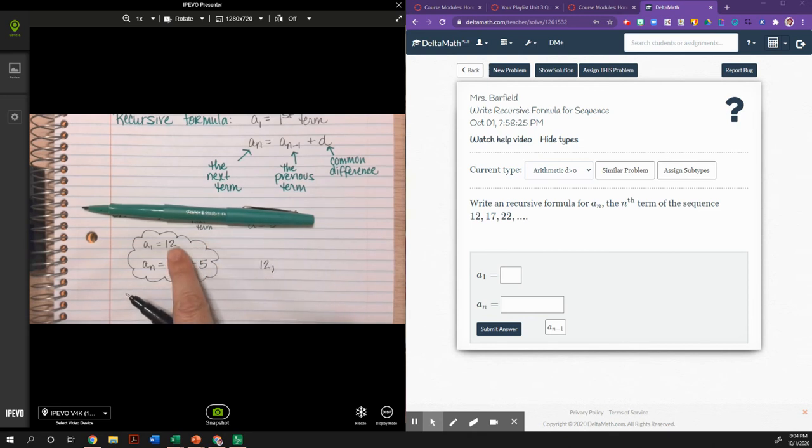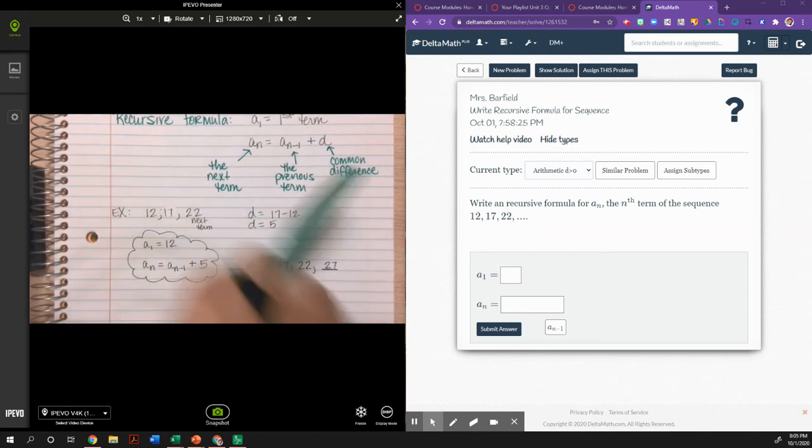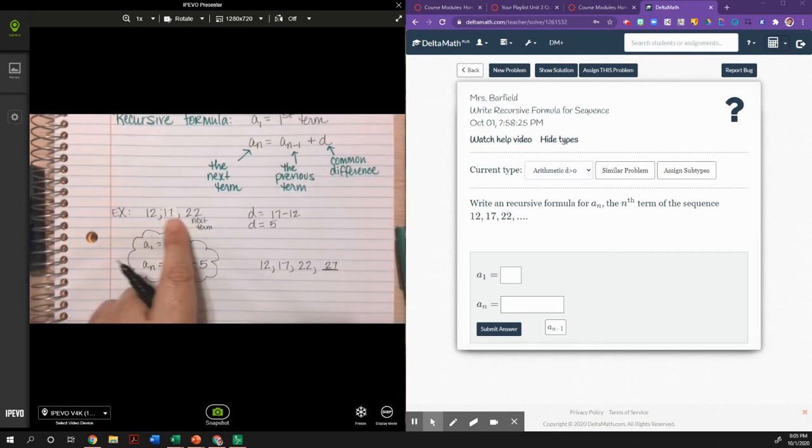If I want the next term, I put 12 here, and 12 plus 5 is 17. Then I take 17, put it right here, and 17 plus 5 is 22. Now 22 is the previous term, so if I put 22 here, 22 plus 5 is 27. So 12, 17, 22.